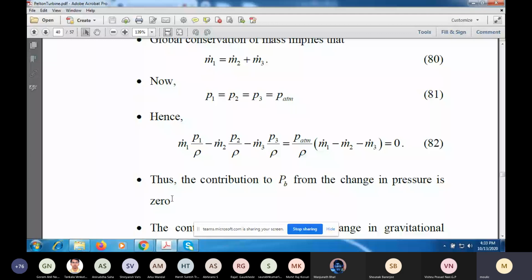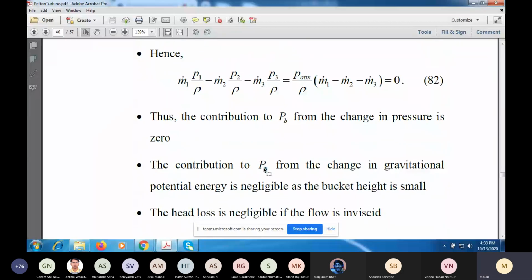So there the change in pressure will also contribute to the work that is developed by the turbine. So if the pressure reduces, then you will be able to extract work from the fluid in a reaction turbine. Here, the contribution to PV from the change in pressure turns out to be 0.